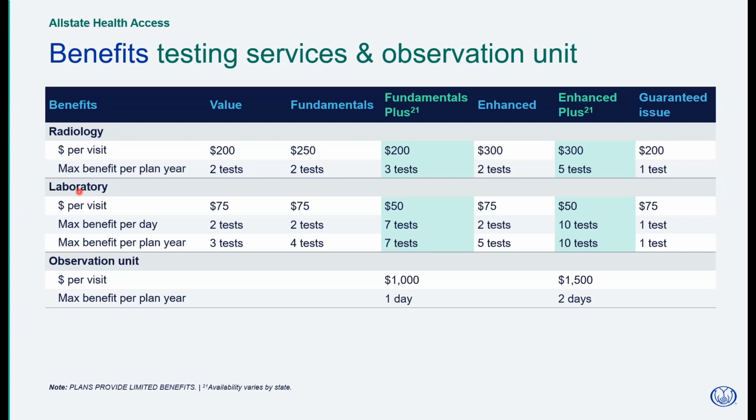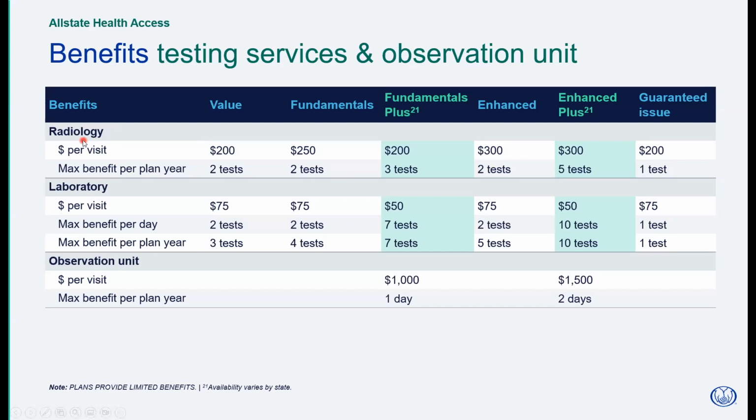Very important, because a lot of companies don't spell that out, and then you get a separate line item for reading the test, and people don't know about it. Our benefits here at Allstate, they include the interpretation and the reading of all radiology and laboratory tests, and it's billed and it's paid as a single benefit.